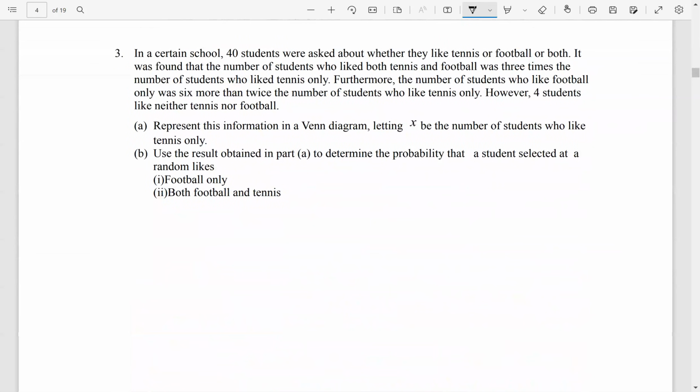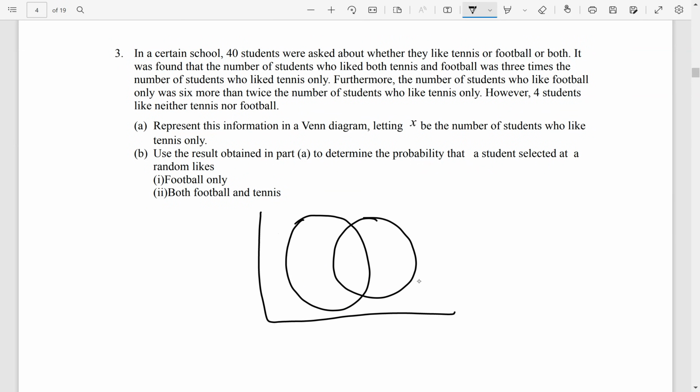So we have two sets here, dear students, in which we have students who like tennis. So this is a set representing students who like tennis, and this is the set representing students who like football. So we were told that x represents the number of students who like tennis only.